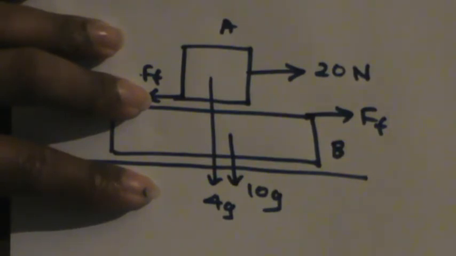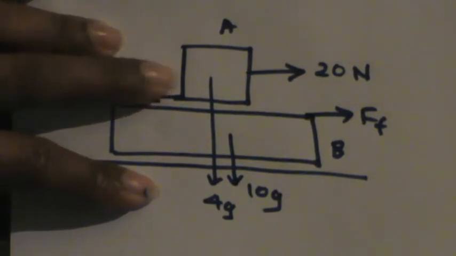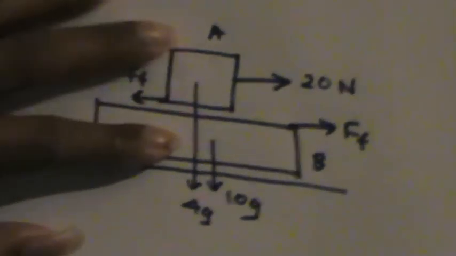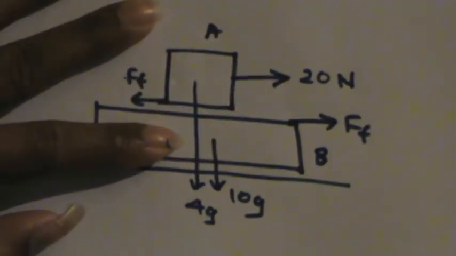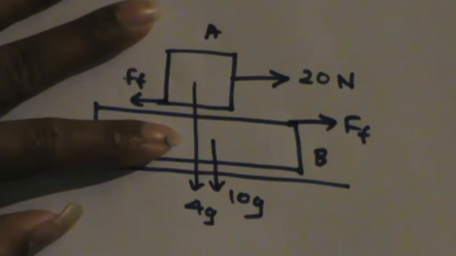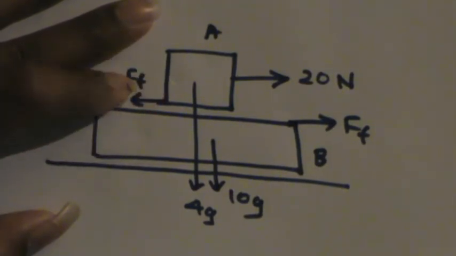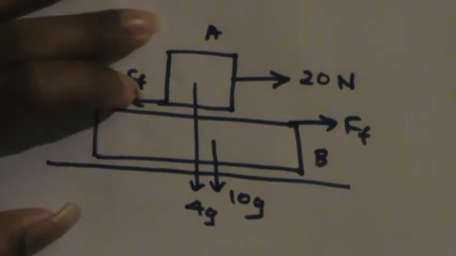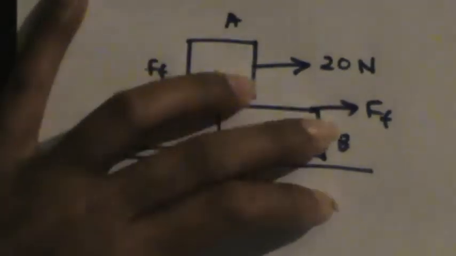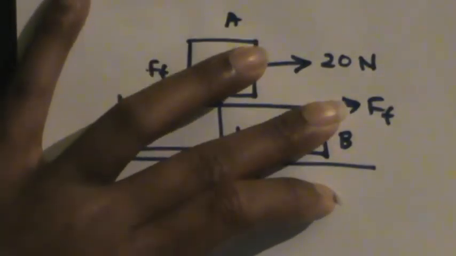If you put some force on A, B will not bear it; what actually happens is it will have the same effect on B as well. So according to Newton's third law, action and reaction act on two objects, the magnitude is the same, but the direction is opposite. If the frictional force acting on this object is this side, the reaction due to the frictional force on this object is this side. I explained that in the last video.